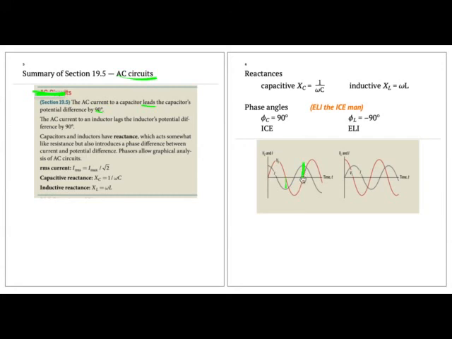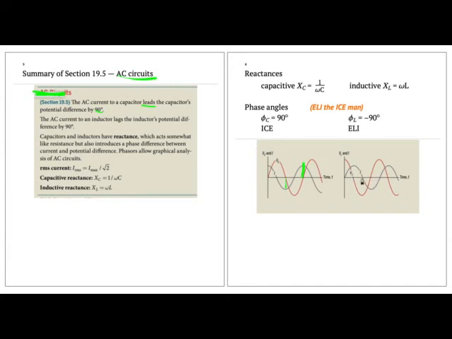When the current is 0, the voltage, no, the red line is the voltage. When the voltage is 0, the current is already at its maximum value. Whereas this shows that for an inductive circuit, for an inductor, the current lags behind the voltage by 90 degrees.